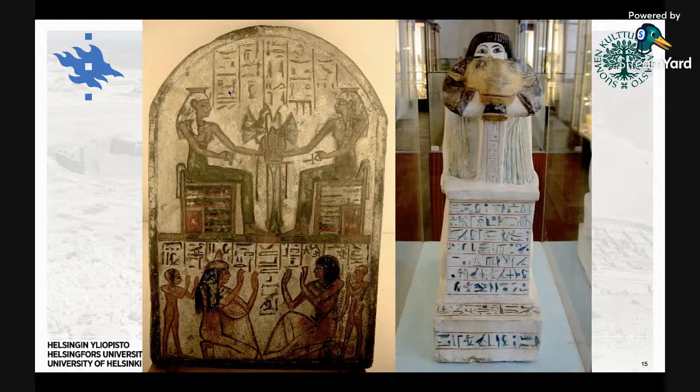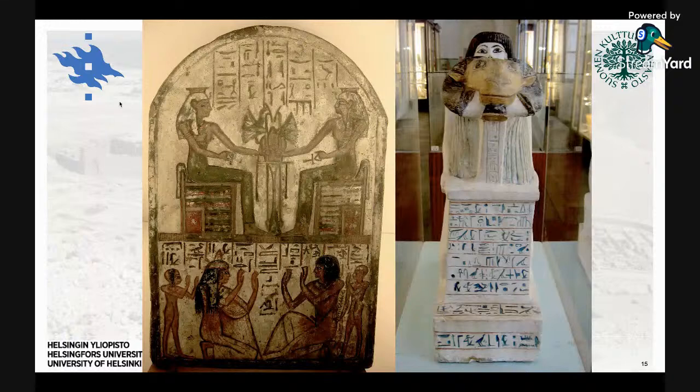I hope you can see my cursor. And this other woman's text starts from here and goes in the other direction. You can easily tell the direction from the living creatures amongst the hieroglyphs. So persons and animals, and you always approach them from the front.